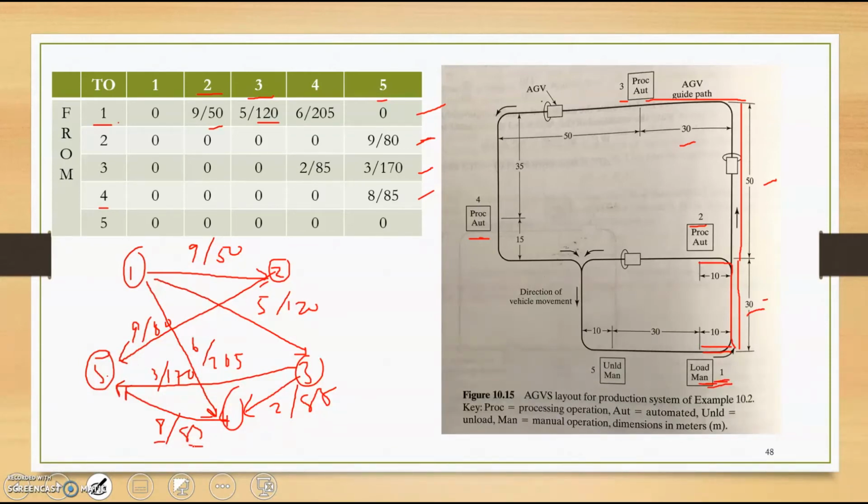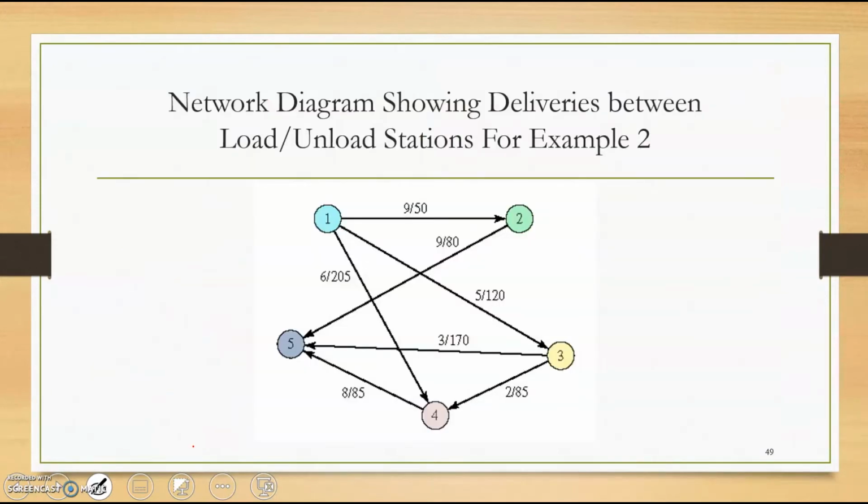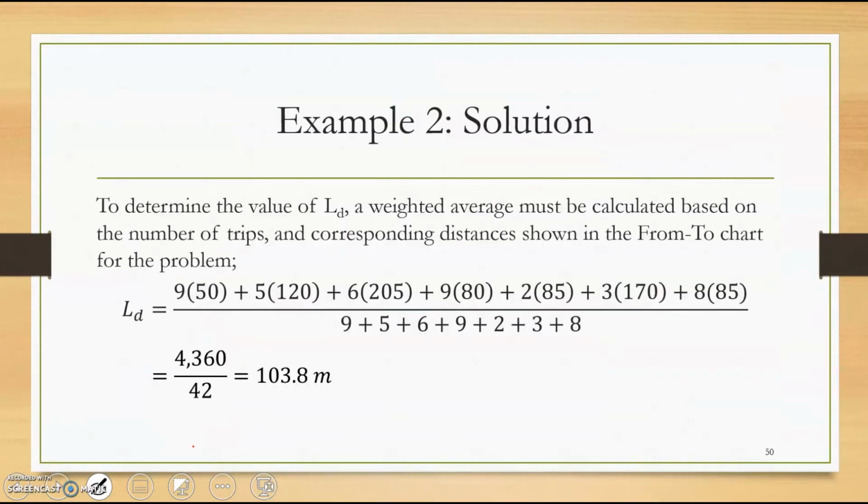How do we find the average travel distance, LD? We have to use the formula. Basically, we multiply the loads per hour with the distance, and then sum all the multiplied values. So we multiply first, then we sum up.